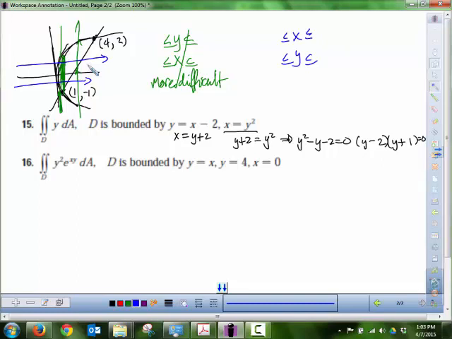And both of those functions will remain the same throughout your possible y values. So if I take one of these, I enter through the function. What is the function that I enter through? So x is equal to y squared, and that's going to be my lower limit. Then I'll be inside of the function, and then I'll exit the function here. And what is that function that I exit out of? x is equal to y plus 2.